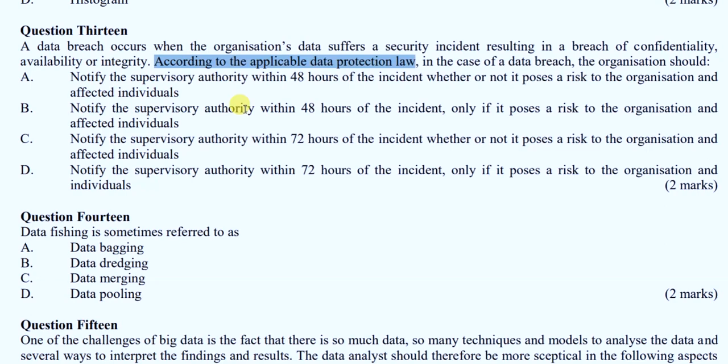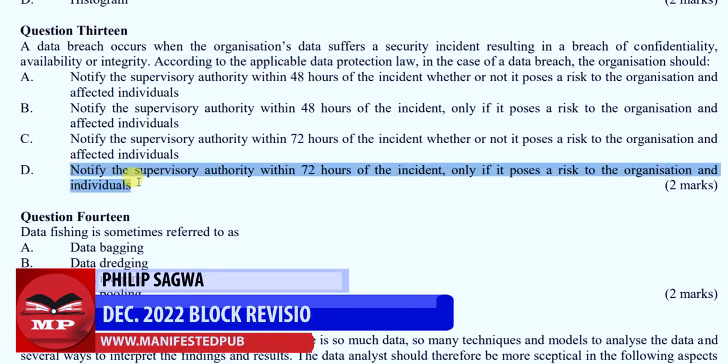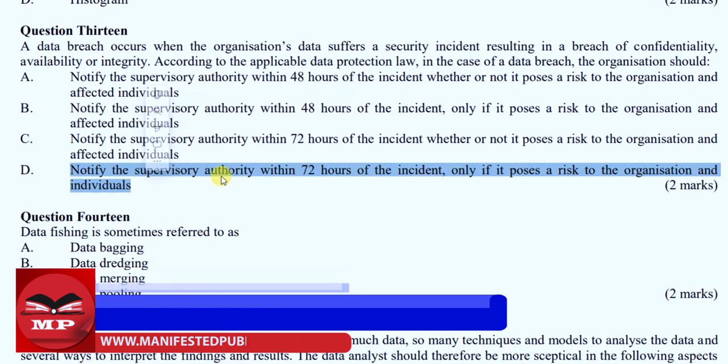The Kenyan law was enacted recently in 2019, so there is a lot of borrowing from the European Union and the European Economic Area. So the answer here is D. That is question 13, Business Data Analytics, December 2022.